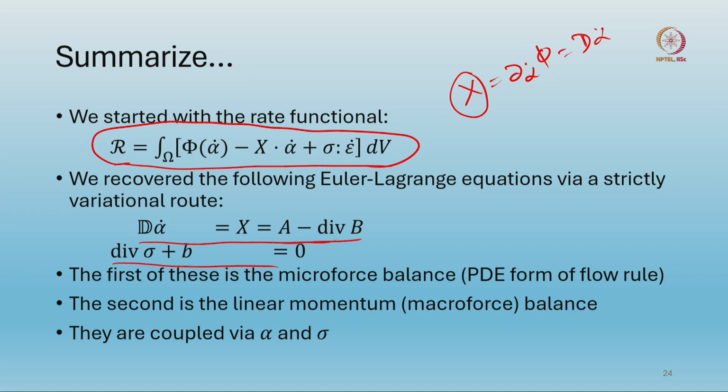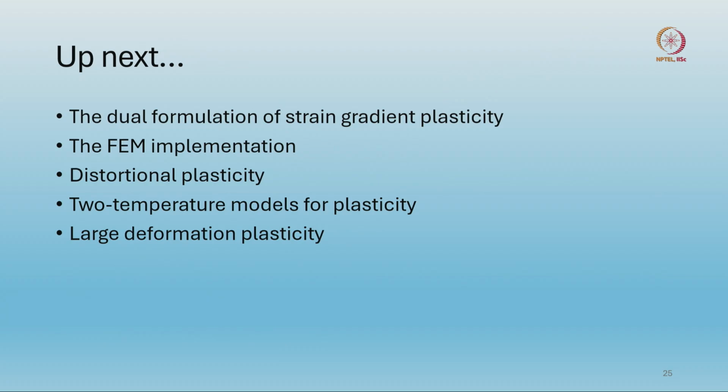Why? Because the micro balance is governed by sigma and macro balance is also governed by sigma. Remember that this expression for A minus divergence of B had sigma. And also alpha, so they are strongly coupled typically.